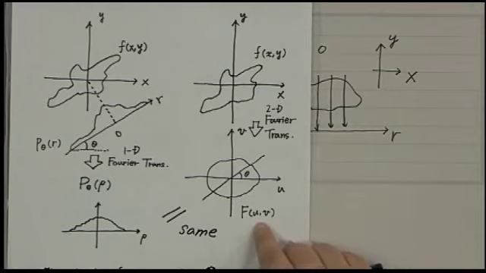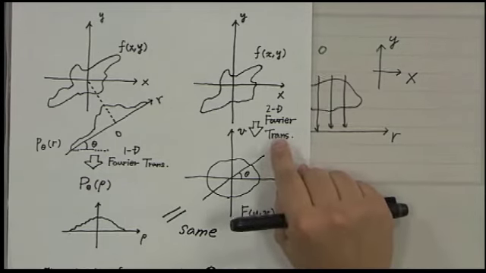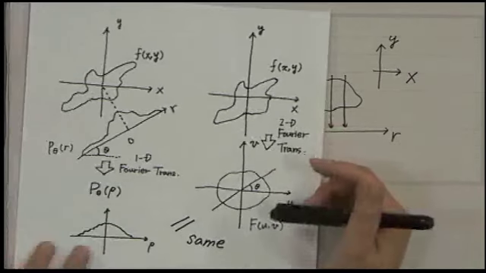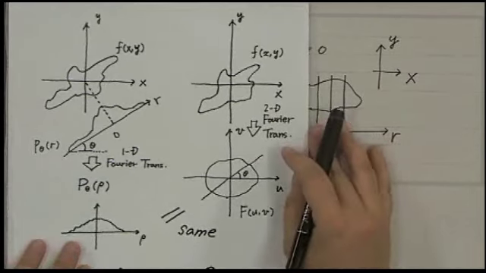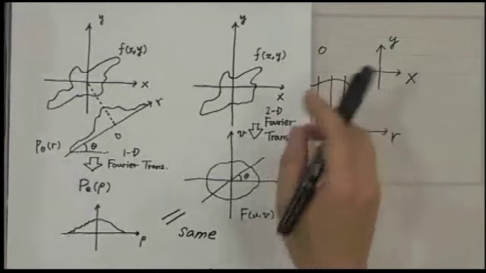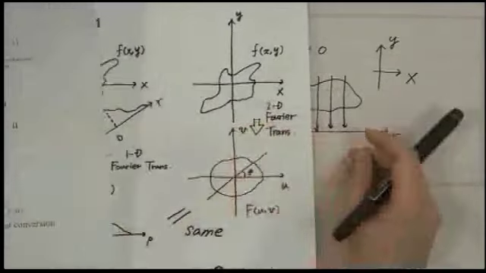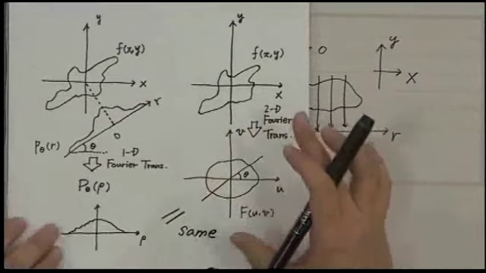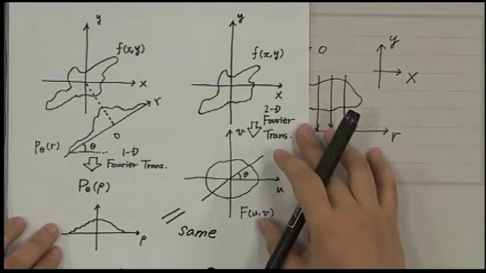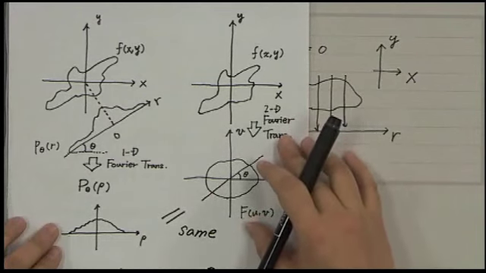And if we take the inverse Fourier transform, we can reconstruct the original image f(x,y). That's very nice, beautiful. But life is not so easy. Actually, if we use this method, there are many technical challenges to implement it.